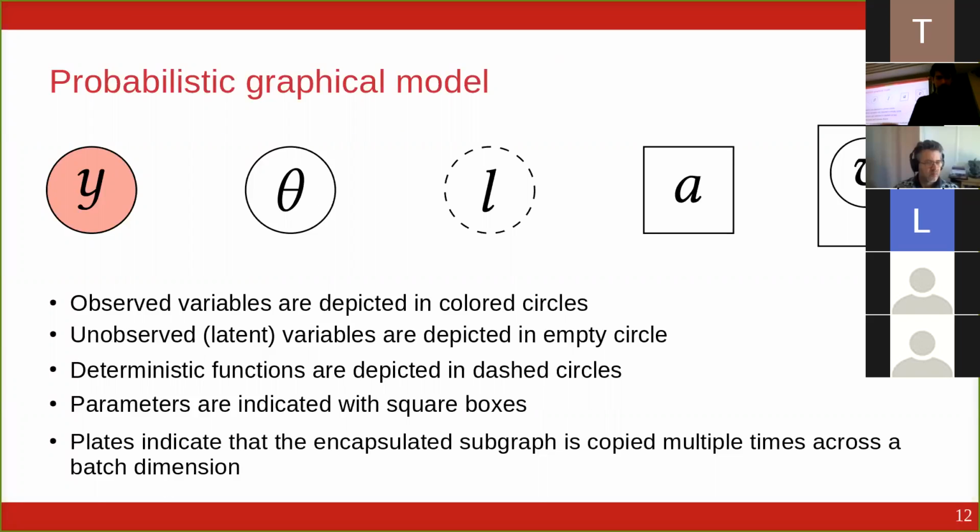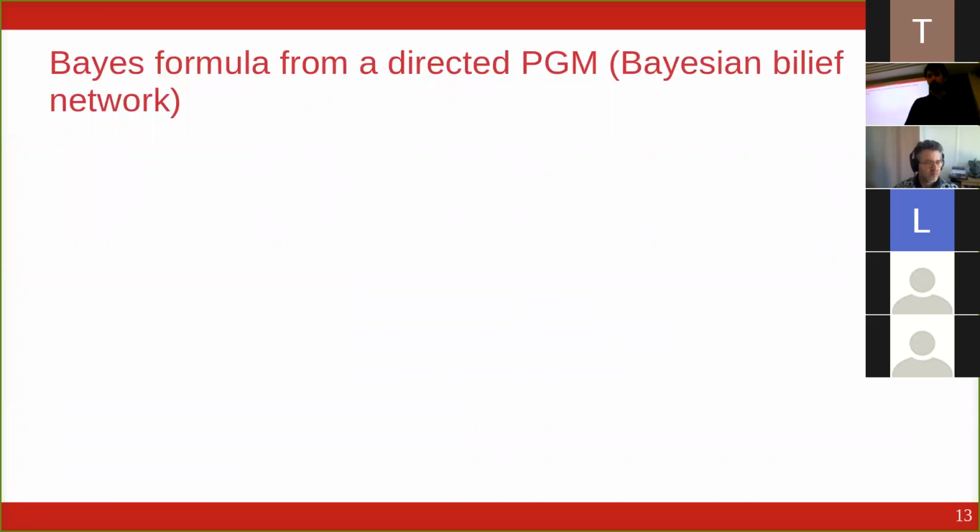Okay, so you put your variables in squares and circles, you draw arrows to make explicit the relation amongst them, but then you should still define the probability distribution. Well, the PGM, probabilistic graphical model, will tell you exactly how you should do that.